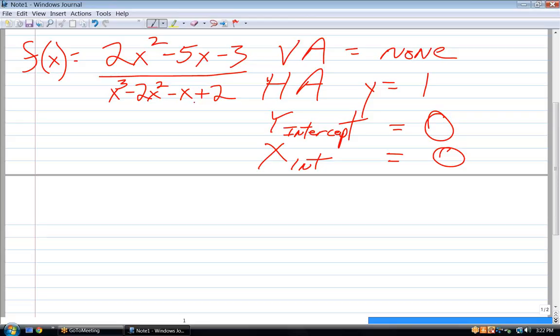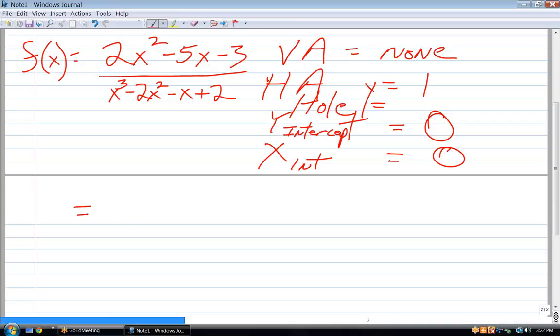And do they ask you about holes? Yes. Okay, so in addition to vertical and horizontal asymptotes, they want to know about holes. Now, holes occur where you can factor something out of the numerator and the denominator. So our first task is to factor each.